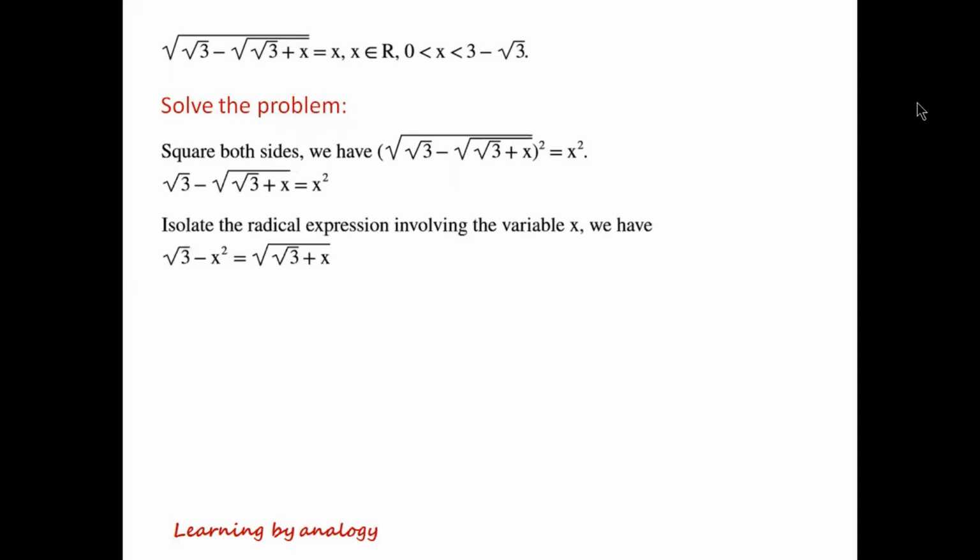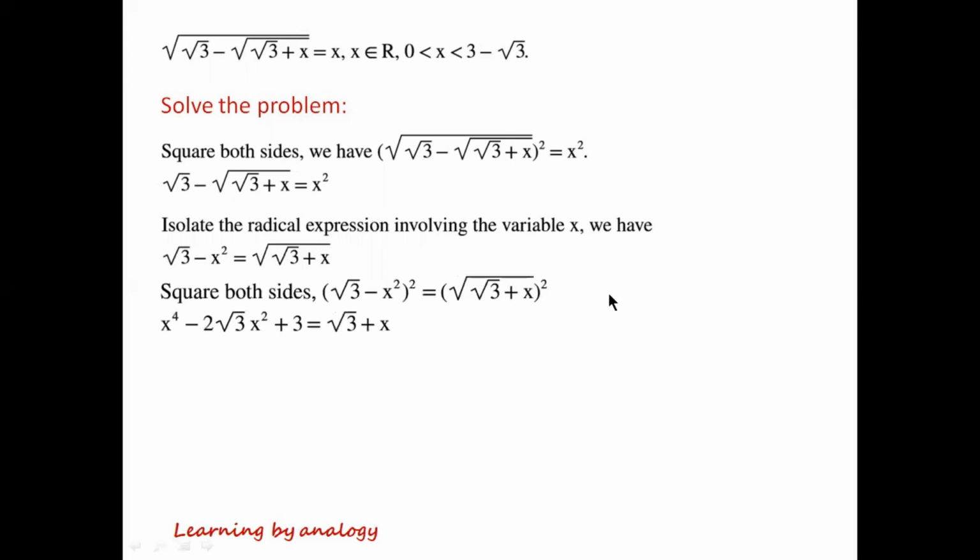Isolate the radical expression involving the variable x. We have √3 − x² equals √(√3 + x).